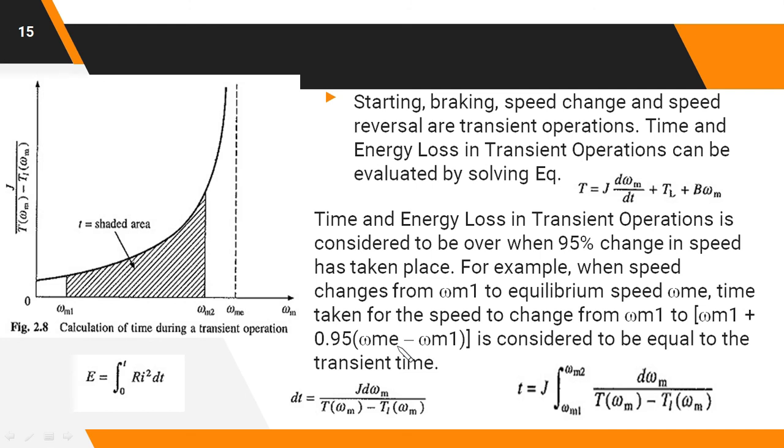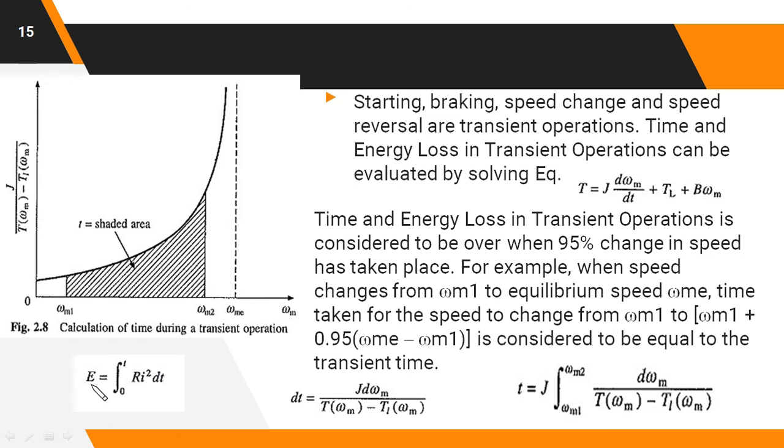This value will be 1000 minus 200, which is 800. 800 multiplied by 0.95 plus your initial speed. So this will be the consideration time. So we integrate the time equation from omega m1 to omega m2, then you will get the time t. We will solve problems on this in the next class.